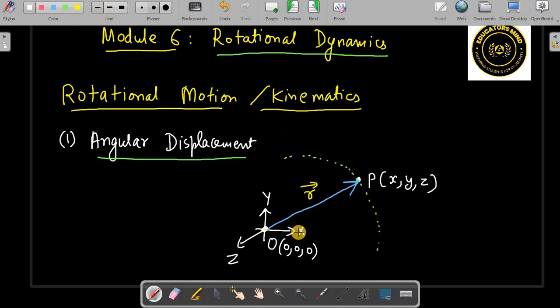Now, what is angular position? With respect to the positive x-axis, the angle measured in this direction, anti-clockwise, is taken as positive, and clockwise angle measurement is taken as negative.